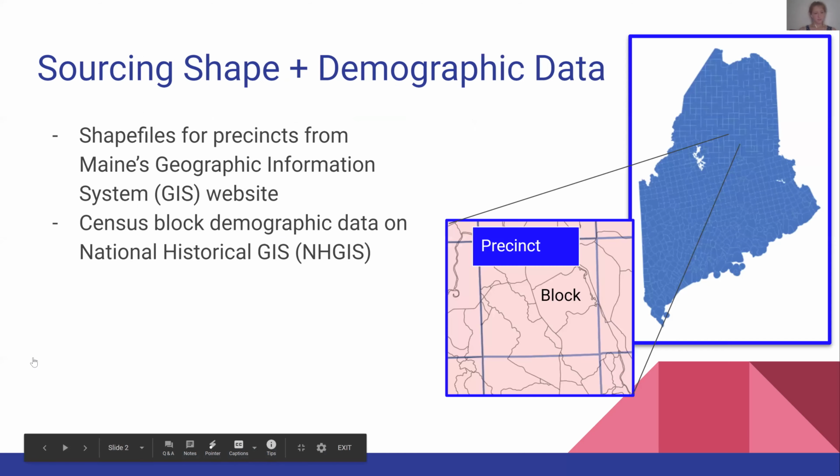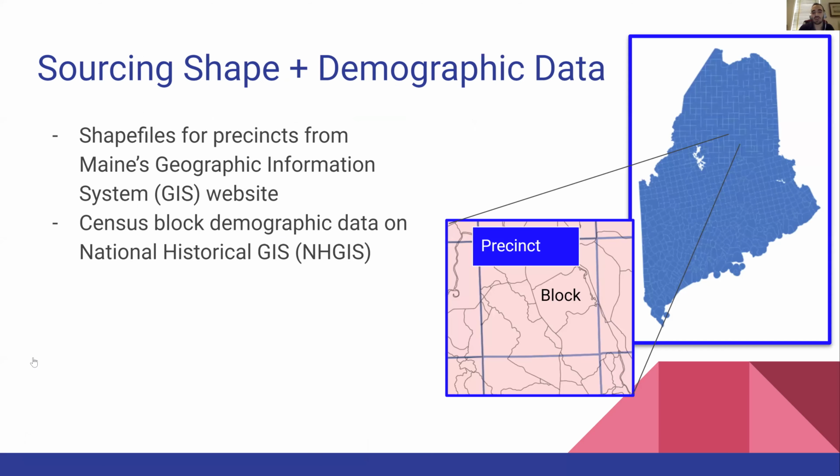Thank you. So you've already heard a couple of ways to get precinct data, so I'm going to speed through it. Our process matches most closely with New Hampshire's, where it was easily available online from Maine's GIS office. But what's different about Maine is that each town has its own precinct. So you see a lot of square, small ones, especially in the north of the state, and a lot of those have small or no population.